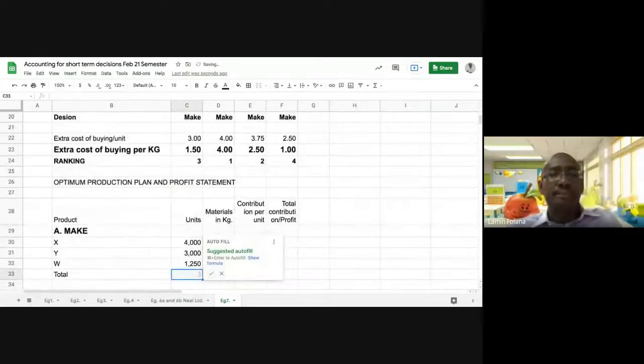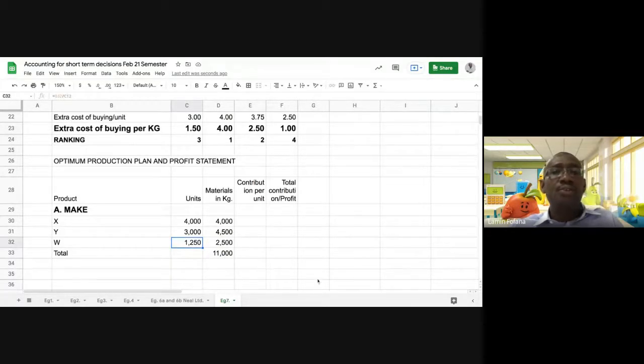We enter. Okay, no, we don't want to replicate. So that gave us 1,250 units of W is what we're going to make. So our optimal production plan would be to make 4,000 units of X, 3,000 units of Y, 1,250 units of W. Okay?